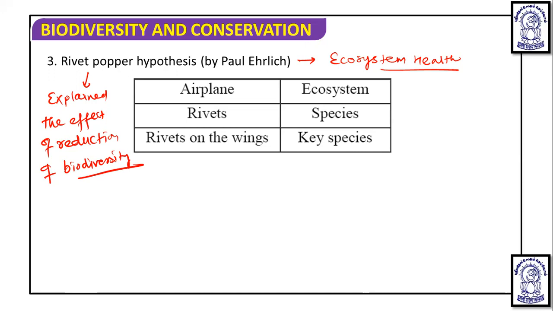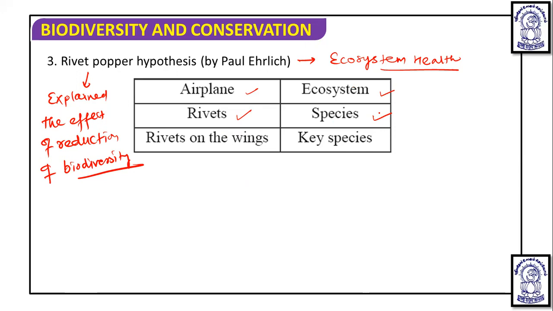Now, Paul Ehrlich explained the Rivet-Popper hypothesis by taking the example of an airplane. If we consider one airplane as one ecosystem, all parts of the airplane are joined together using thousands of rivets. The rivets or screws are considered as species, and the airplane is the whole ecosystem.